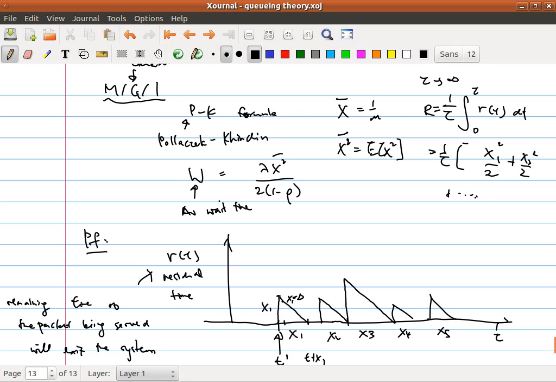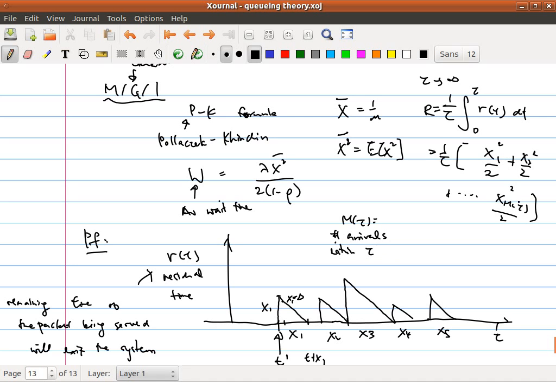Let me define m tau, because I use tau here. M tau is the number of arrivals within tau, or number of arrivals before tau.